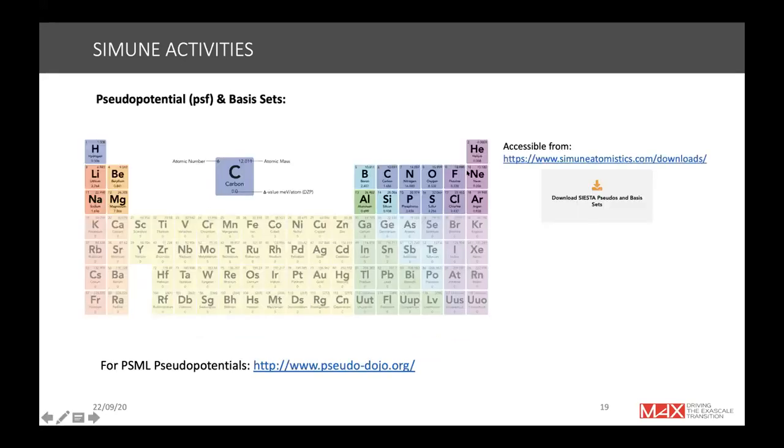Also from our webpage, you can download a limited set of pseudopotentials and basis sets. They were generated, optimized, and validated by Simune. These are PSF pseudopotentials. If you are interested in PSML pseudopotentials, you are welcome to look at the Pseudo-Dojo webpage.